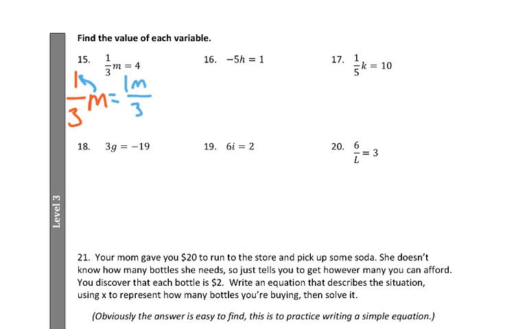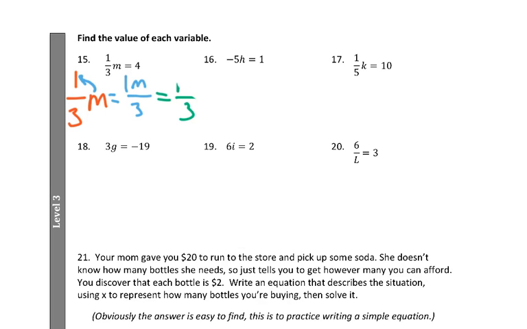Remember, if you ever have a 1m, we could just write that as m. So 1/3 times m, the way it was written in this question, is the exact same as m divided by 3. Those mean the same thing.